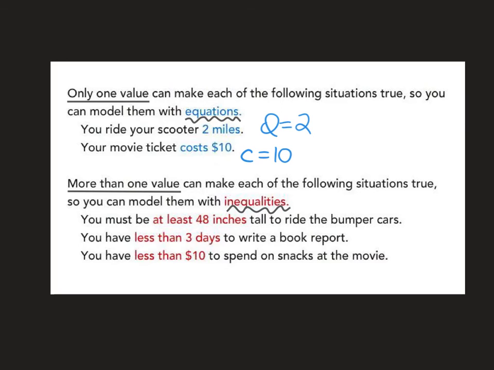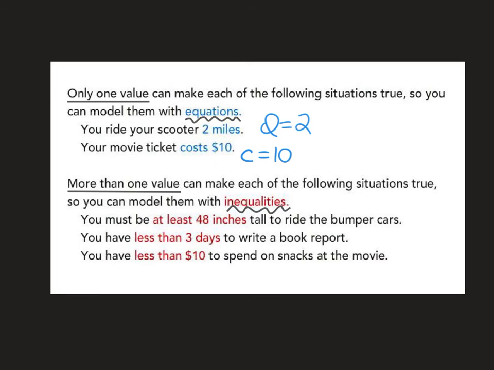But down here, if more than one value can make each of the following situations true, you can model them with inequalities, which means that there's more than one possible answer. You must be at least 48 inches tall to ride the bumper cars.